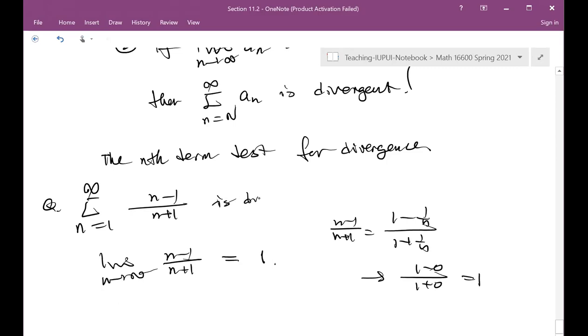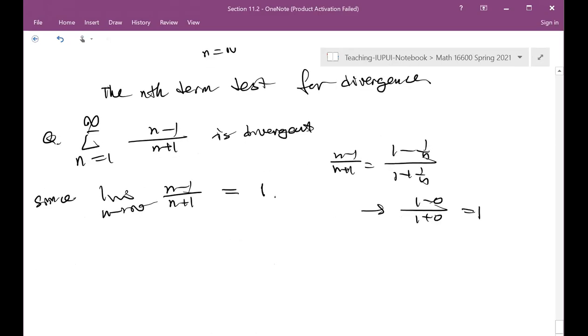I just say it is divergent since the limit of the nth term is 1. It's not going to be 0. Sometimes the limit doesn't exist, but the limit exists here, and it's not 0.